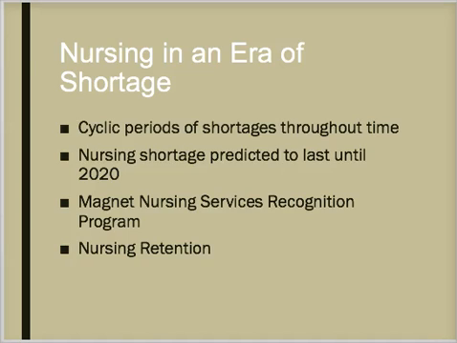Another thing that happened with nursing is the Magnet Nursing Services Recognition Program, which identified and studied hospitals that promoted and sustained nursing practice. So now hospitals are trying to obtain magnet nursing services, and because of that, hospitals were not hiring ADN nurses for some time. I believe that's changing now, but we'll have to wait and see.